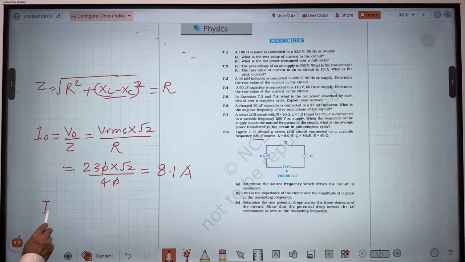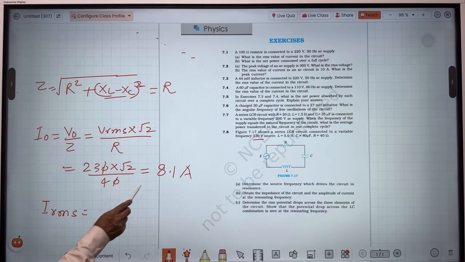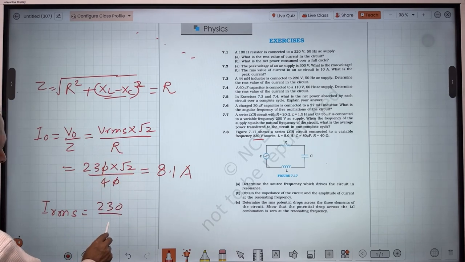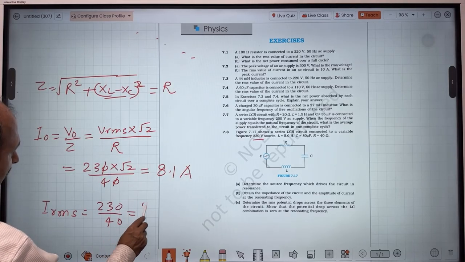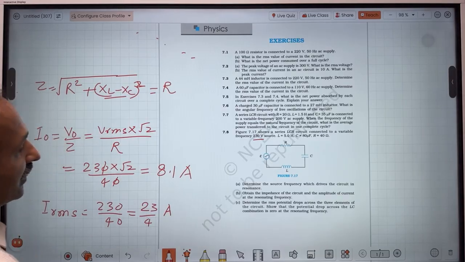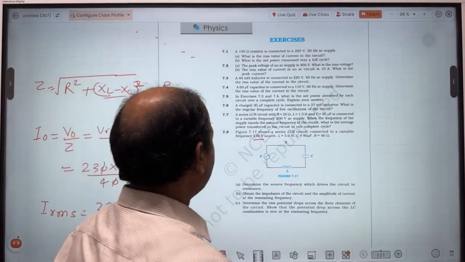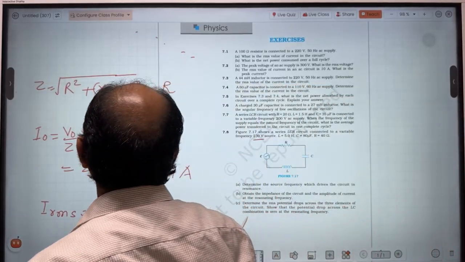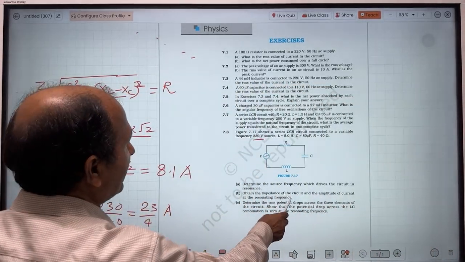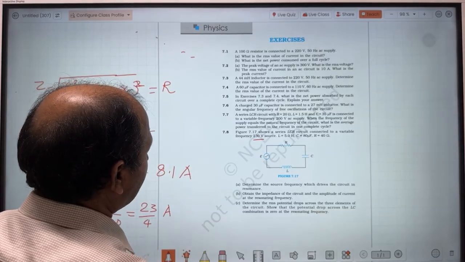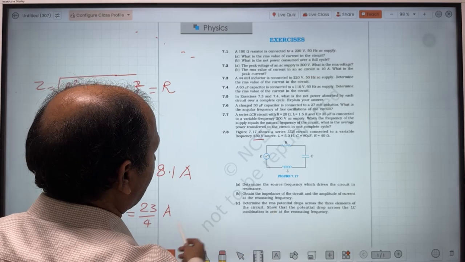Now suppose we want to find out IRMS. In that case, we will take just 230. This root 2 will not be there. Just VRMS divided by R, that is 230 upon 40. That is 23 by 4 ampere. Right. Now, we have determined the resonant frequency, obtained the impedance of the circuit, and got the amplitude of the current at the resonant frequency.